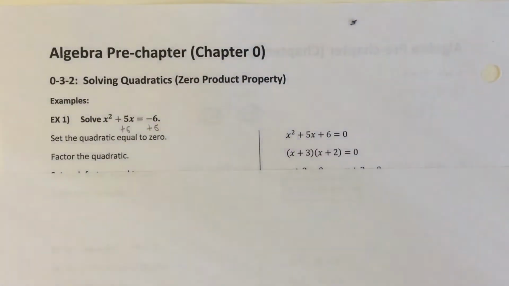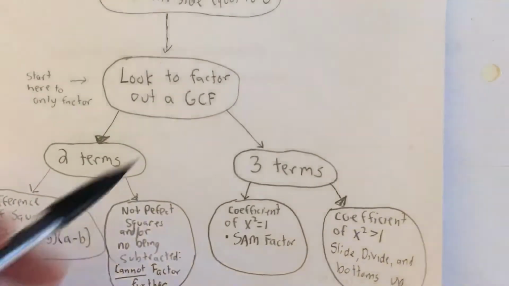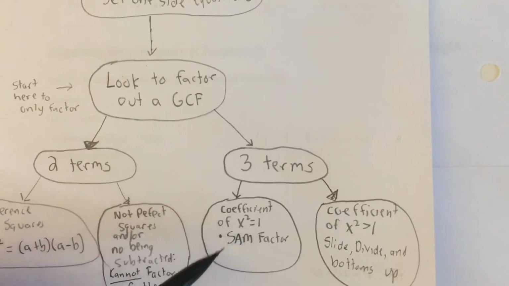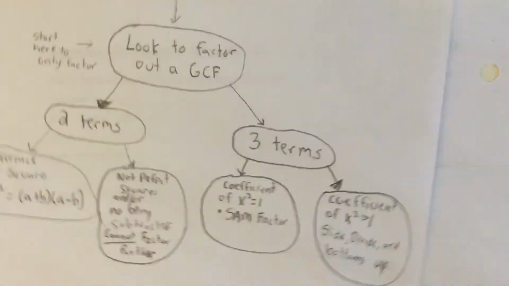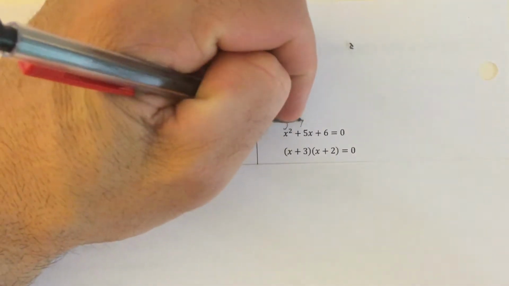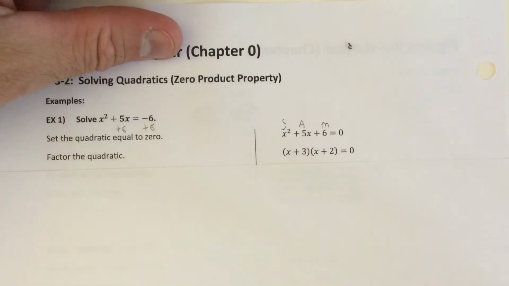We then, again, look through, there's no GCF. There were 3 terms, and there's a coefficient of x squared equal to 1. So we're doing the same factoring. Again, it would be 1 multiplies to 6 and adds to 5, which would be x plus 3, x plus 2.